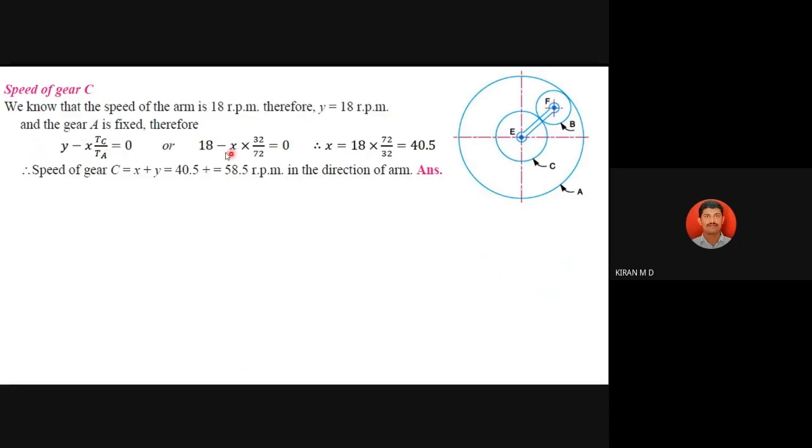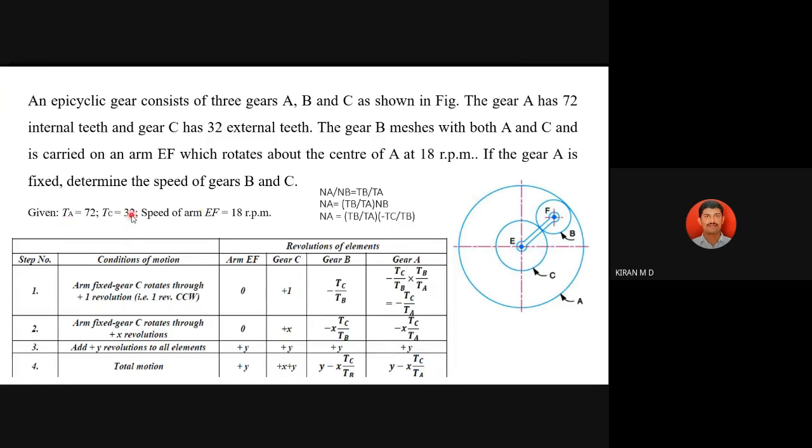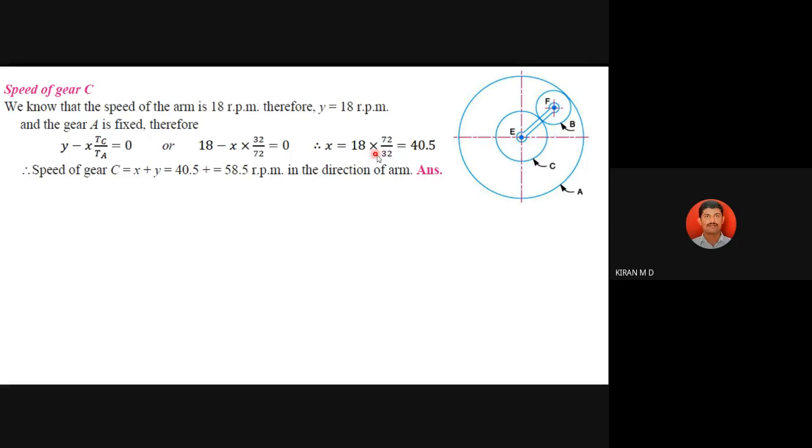This becomes 18 minus x into 32 divided by 72, that is TC by TA. He has given both TC and TA. By using that, 32 by 72, finally the x value is 40.5. Okay?